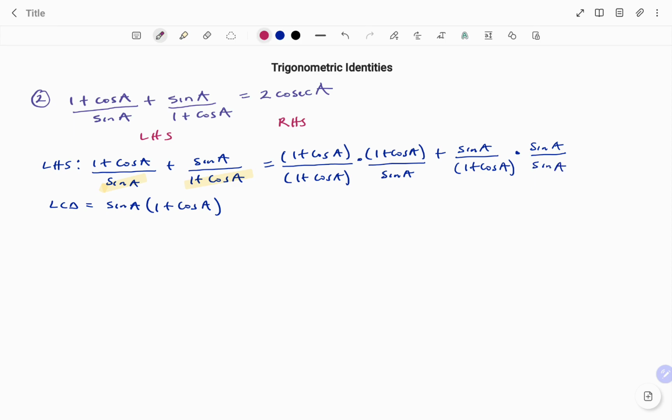Observe that now the denominators are the same, so therefore I'm going to put both under the same denominator, which is also my LCD.